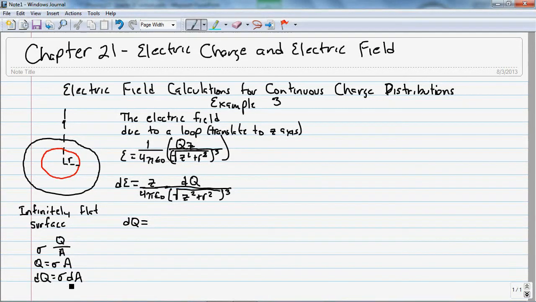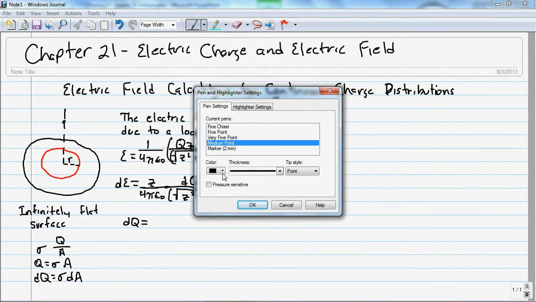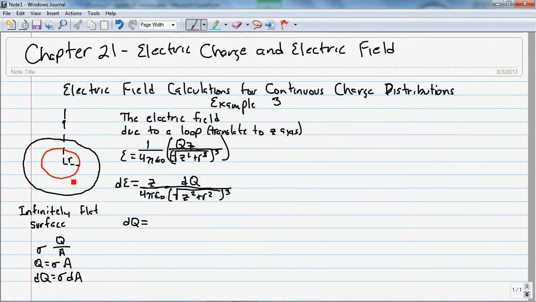What do I use for differential area for a loop? Well, I take a little differential change in the radius.